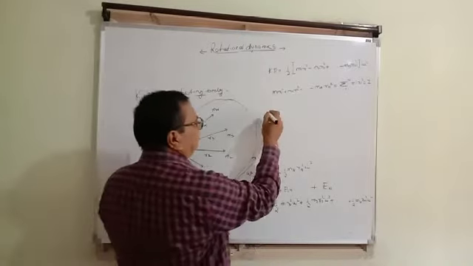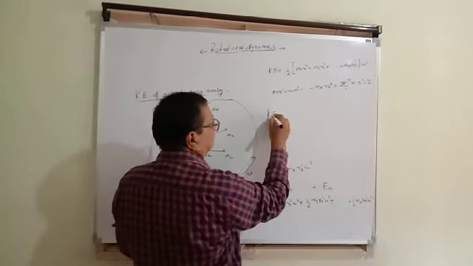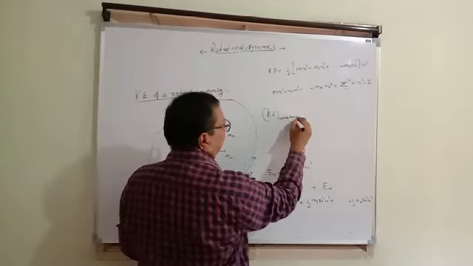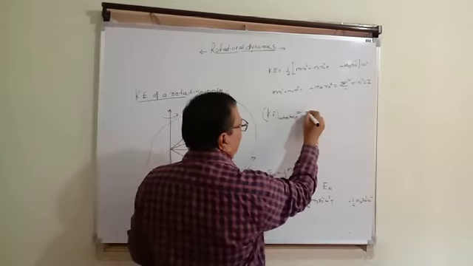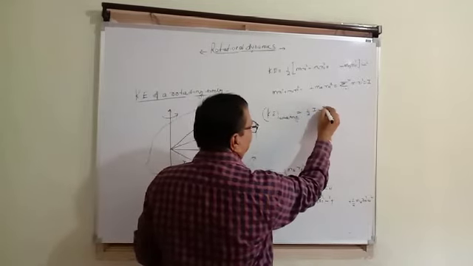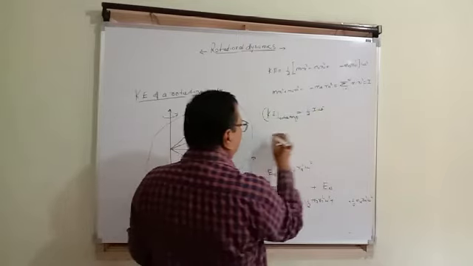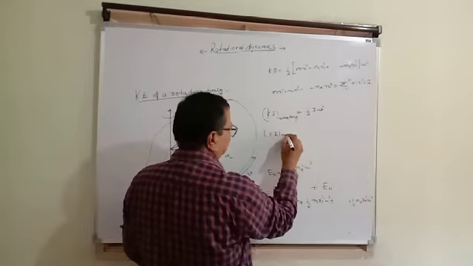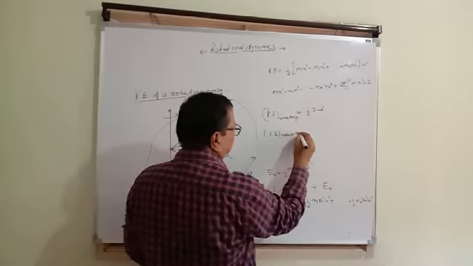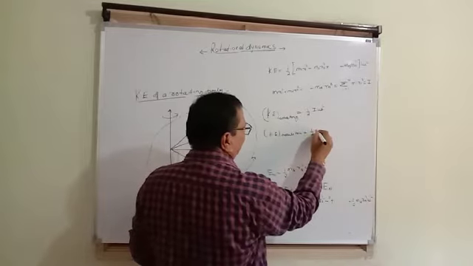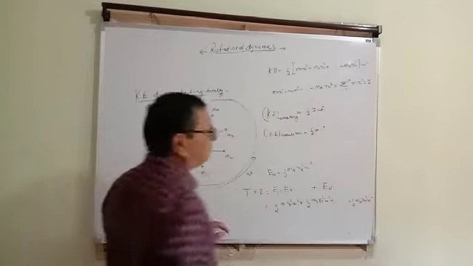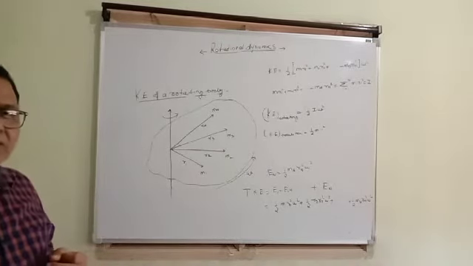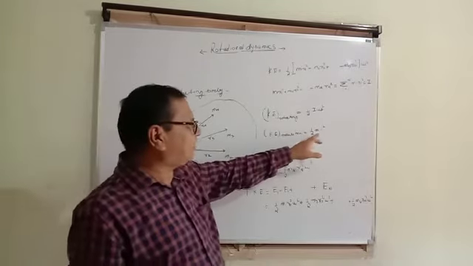So kinetic energy of a rotating body is equal to half of I omega square. Kinetic energy of a body in translation motion is given by half of m v square. So in translation motion, kinetic energy involves mass m.